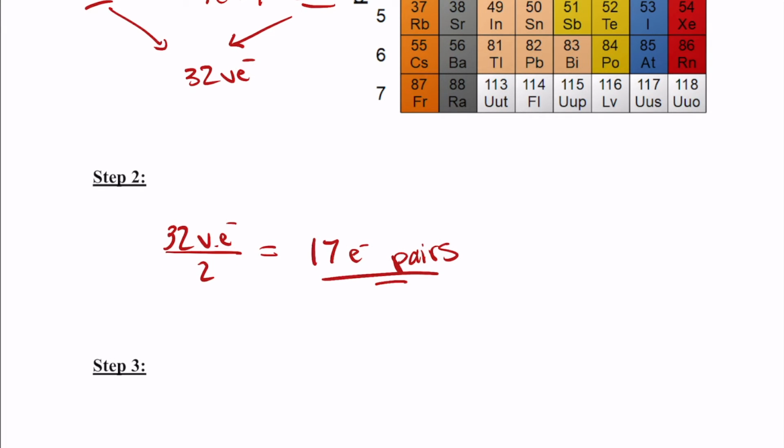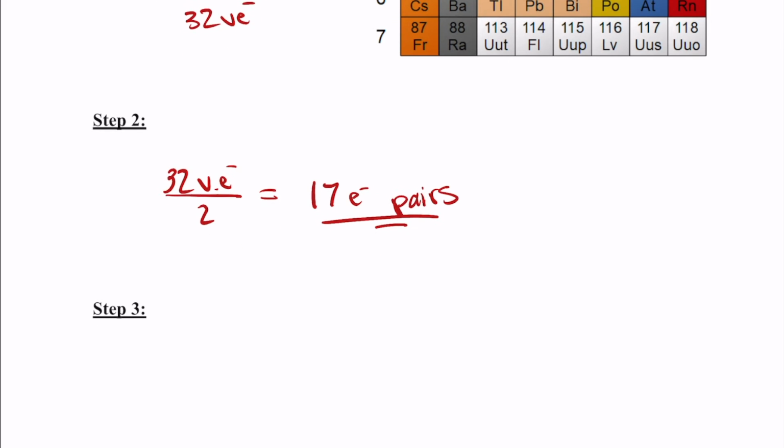Once you've done that, what I like to do is determine the central atom. Most of the time, this will be the least electronegative atom. And a trend you'll see with most molecules that have carbon in them is carbon will almost always be the central atom. And for these basic molecules, it will always be the central atom.